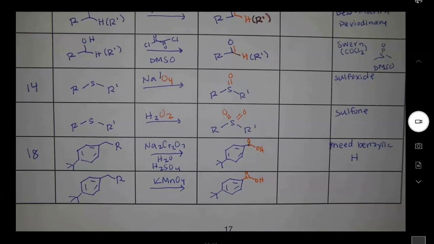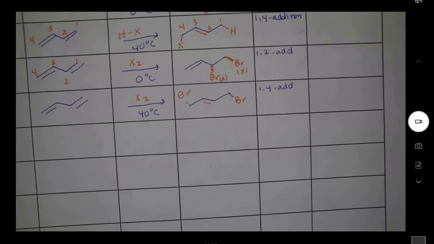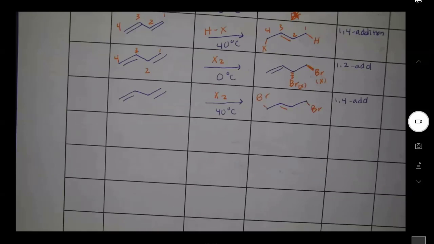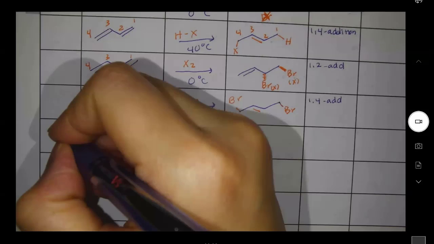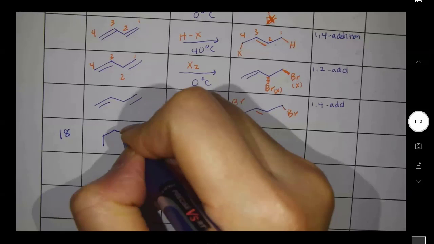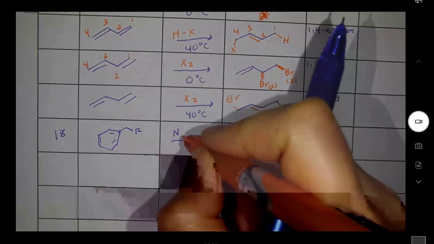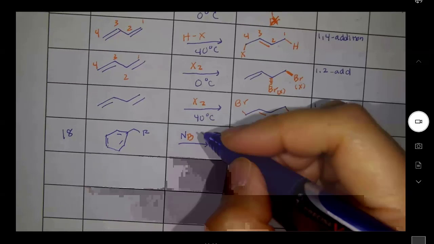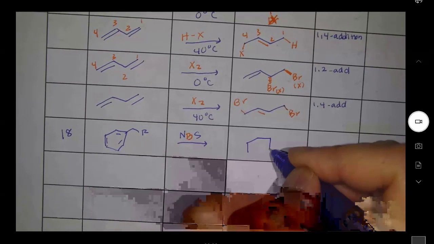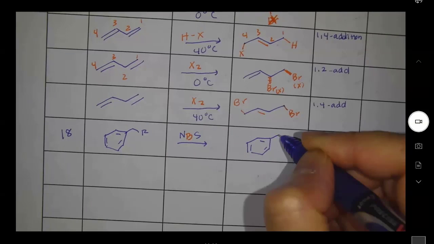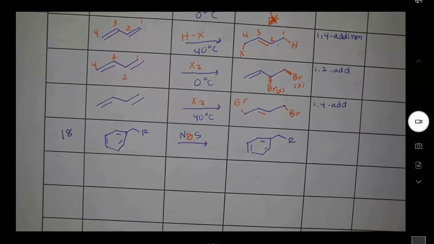All right, and then I forgot one to add to our functional group transformation page. This one we've actually already seen in some form. And that is with NBS, which is N-bromosuccinimide. And that will place a bromine on the benzylic carbon.